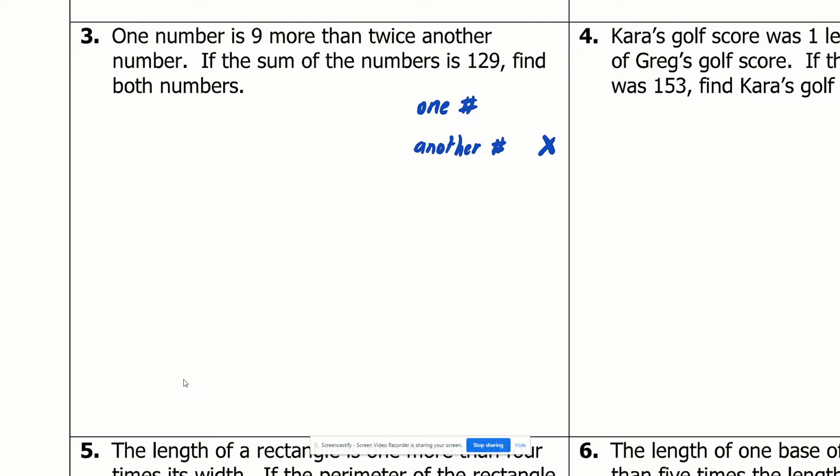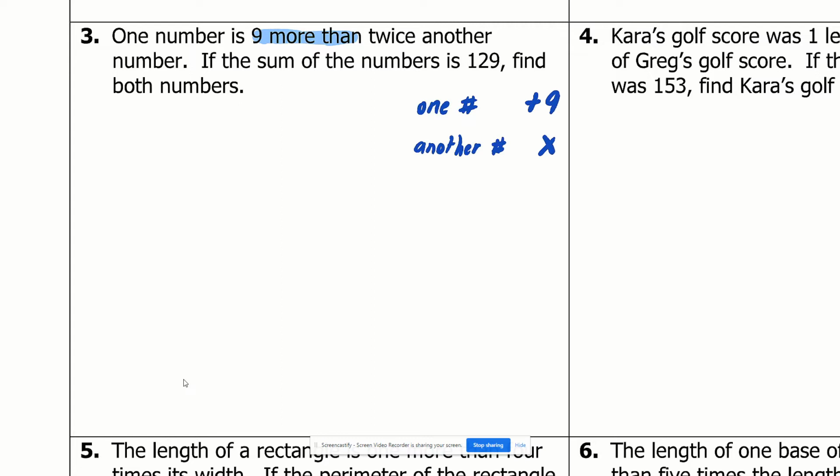Yes? Okay, now, here's why that helps me. Now, I can write an equation, or an expression at least, for one number. Because how did it define it? It is 9 more than, what's that mean? 9 more than. It means plus 9 or 9 plus. It's 9 more than what?